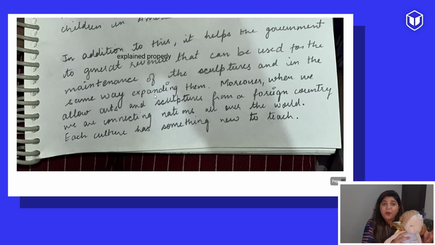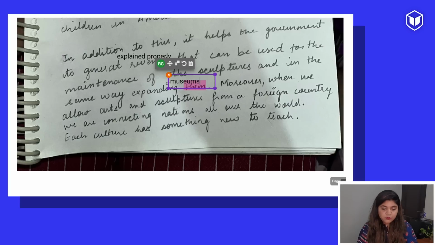To accommodate more and more such toys, I need to expand my home. Isn't it? Sorry, Dolly. So, in the same way, the revenue cannot expand these sculptures. Wrong pronoun used here. In the same way, expanding the museums. Isn't it? So, it would be museums, not expanding the sculptures.